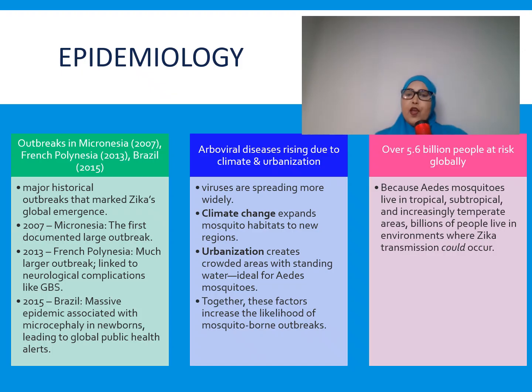Over 5.6 billion people are at risk globally, because the area's mosquitoes live in tropical and subtropical and increasingly temperate areas, with millions of people living in environments where Zika transmission outbreaks occur.